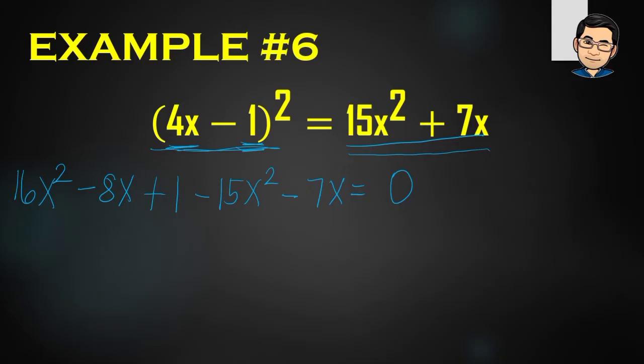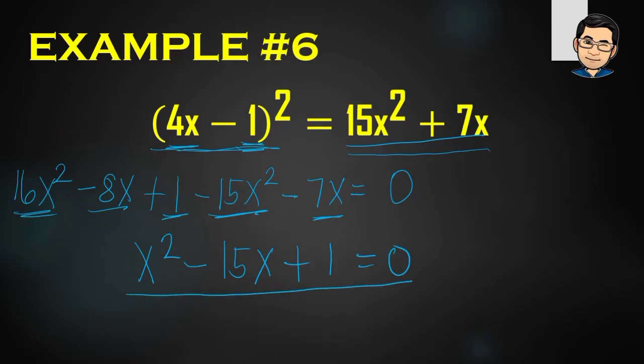Now, combine like terms, 16x squared and negative 15x squared. 16 minus 15, that is 1. So, x squared. And then, negative 8 and negative 7, combine natin sila. Negative 8 minus 7, that is negative 15x. Plus the constant term 1 equals 0. So, this is the standard form of the given equation. X squared minus 15x plus 1 equals 0.